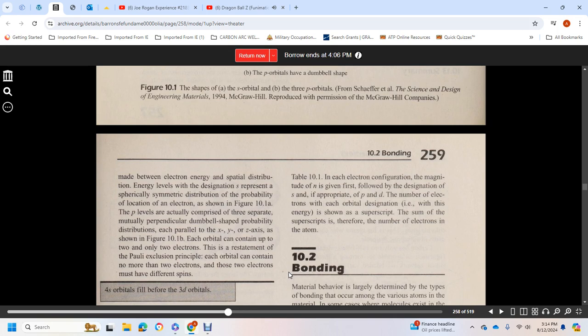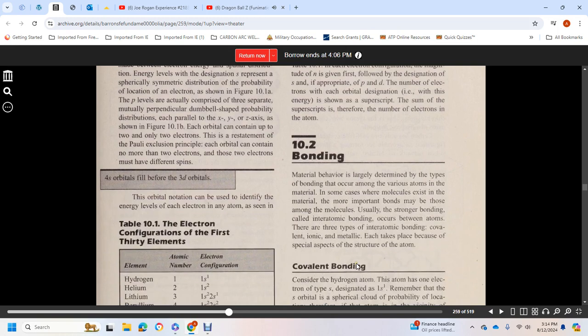The sum of the superscripts is therefore the number of electrons in the atom. 10.2 Bonding.